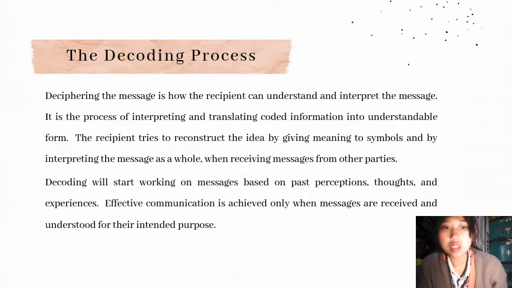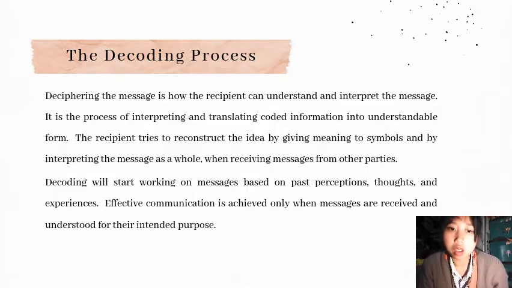The decoding process. Decoding is how the recipient can understand and interpret the message. It's the process of interpreting and translating coded information into something understandable, where the recipient tries to reconstruct the idea by giving meaning to symbols and by interpreting the message.